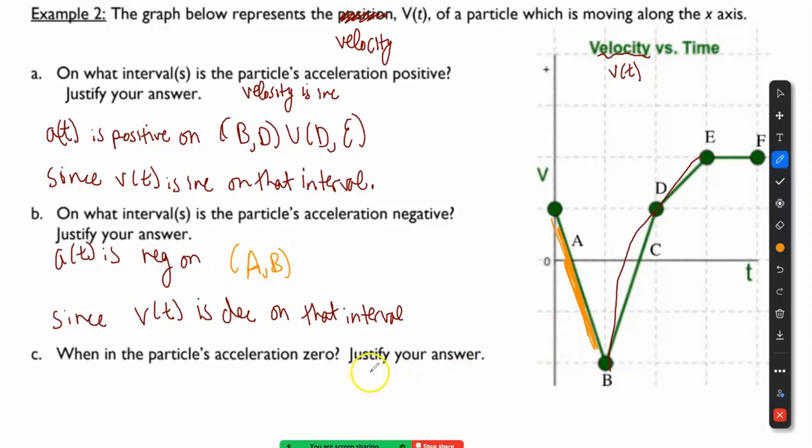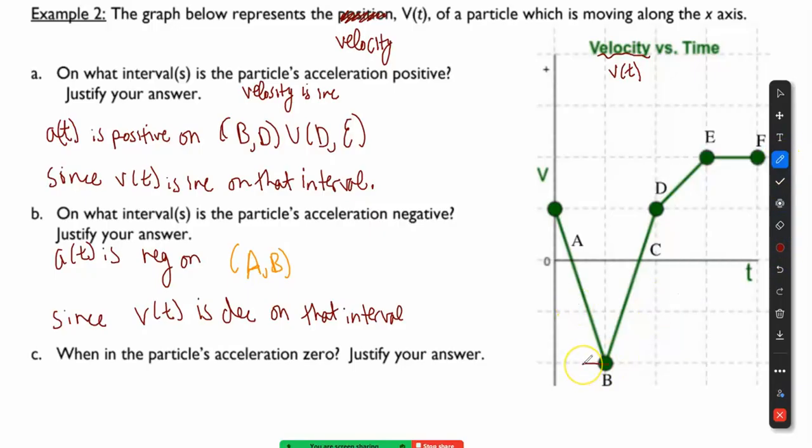C asks, where is the particle's acceleration 0? So the particle's acceleration is 0 when the derivative would be 0 or undefined. So I'm going to clear what's on here.